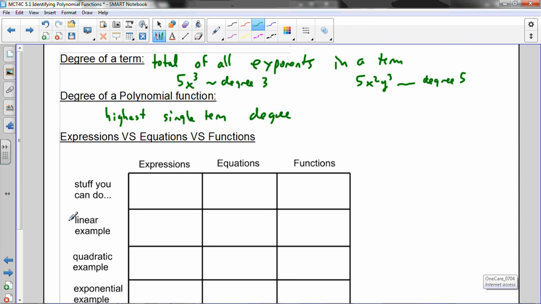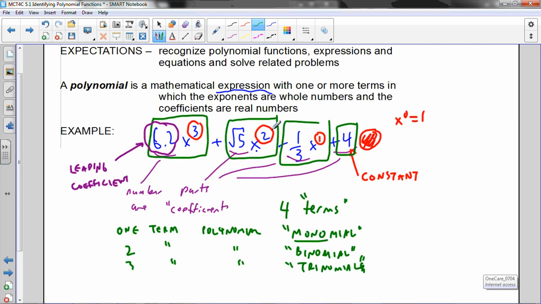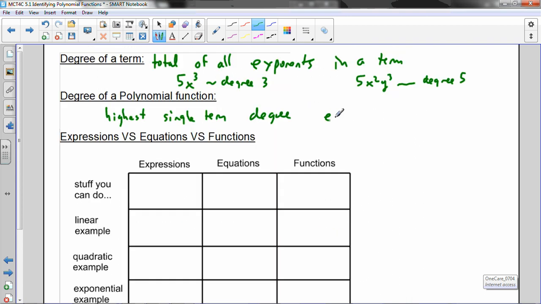So I look back at my polynomial expression, and while this term has degree 3, this term has degree 2, this term has degree 1, this term has degree 0, altogether, what degree is the polynomial expression? Well, it's the highest term one. So this polynomial is of degree 3. So, for example, the earlier example is degree 3.